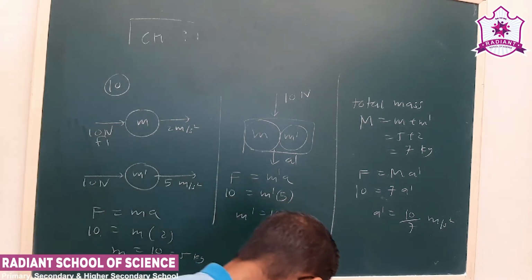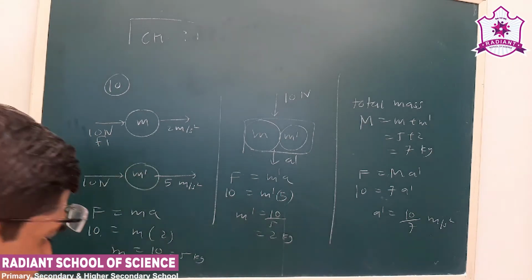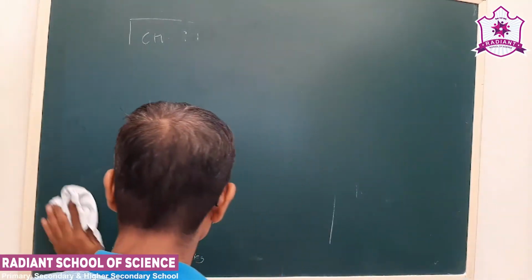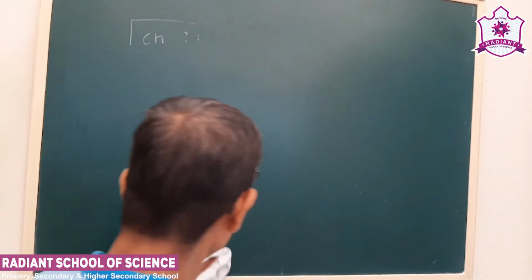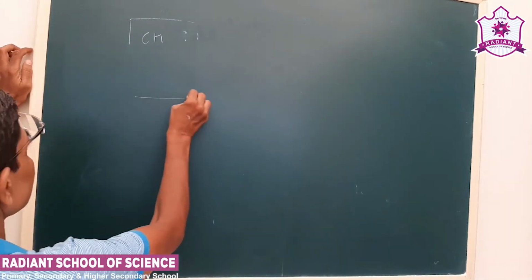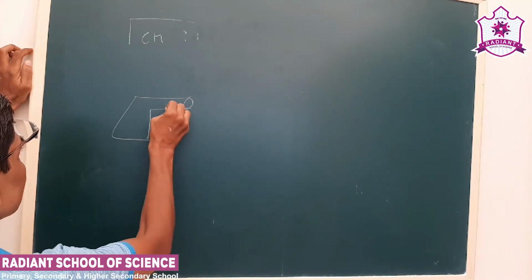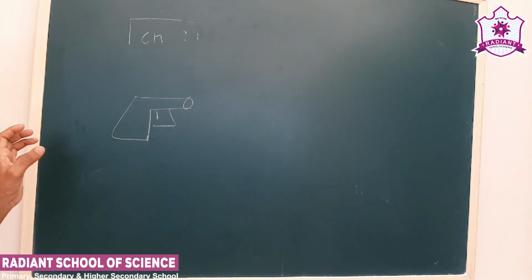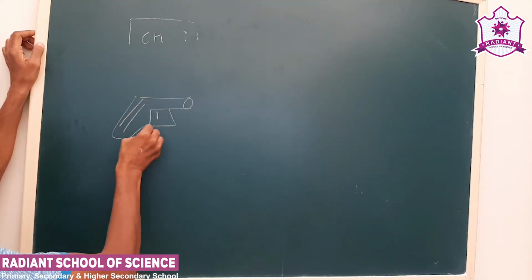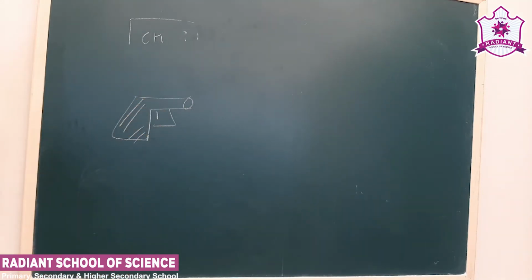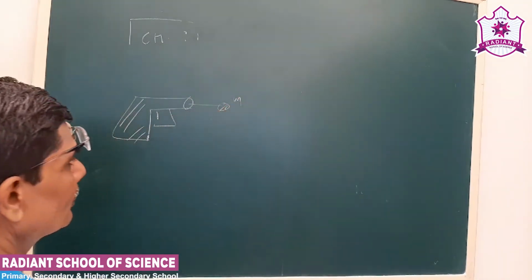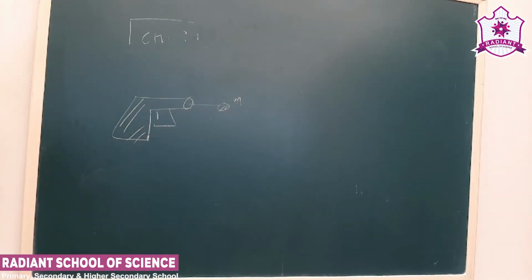Now see, many times the question is related to a bullet, and we have to calculate the recoil force. We discussed in the theory why the rear part of the bullet is kept heavier. Why? Because the bullet we fire is of small mass and it moves with a high velocity.